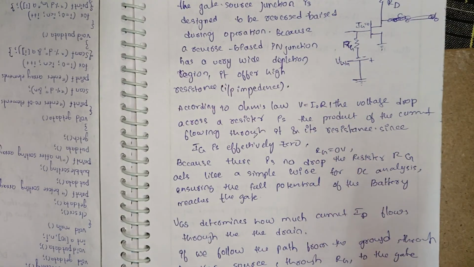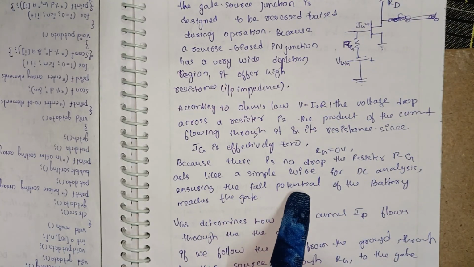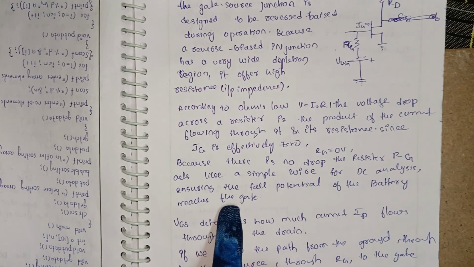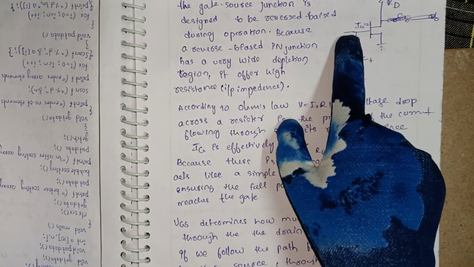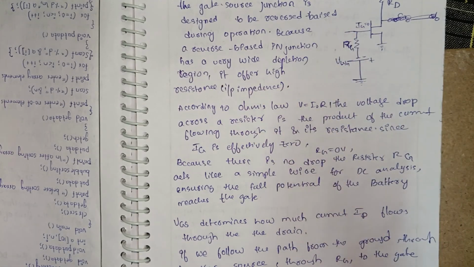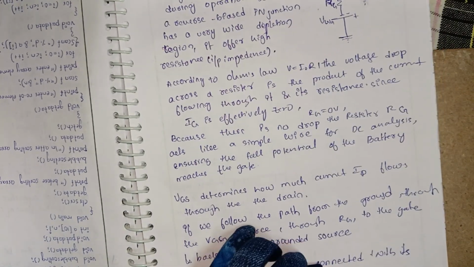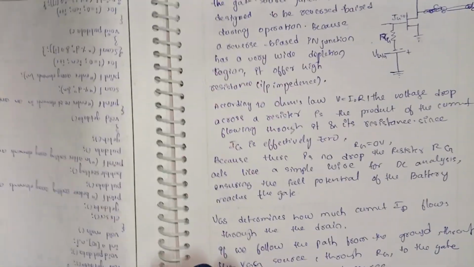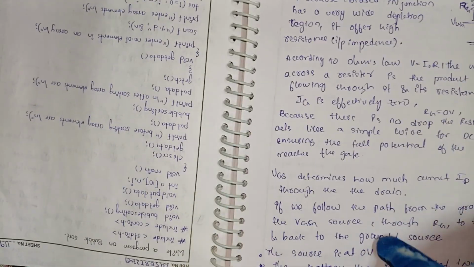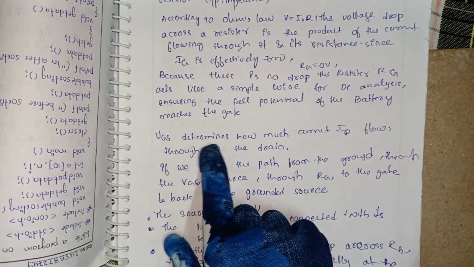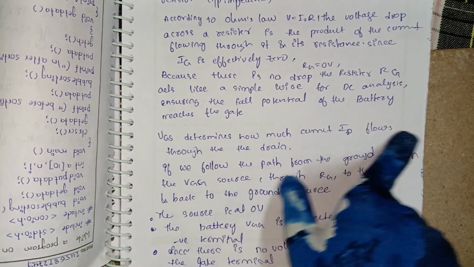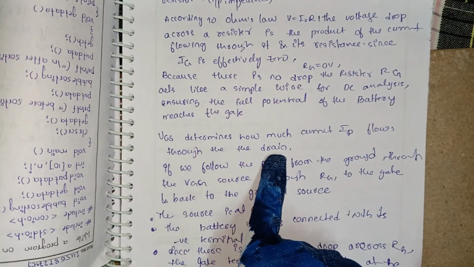This ensures the full potential of the battery reaches the gate. VGS determines how much current ID flows through the drain.